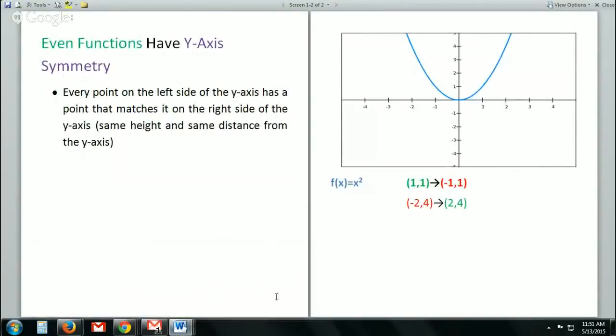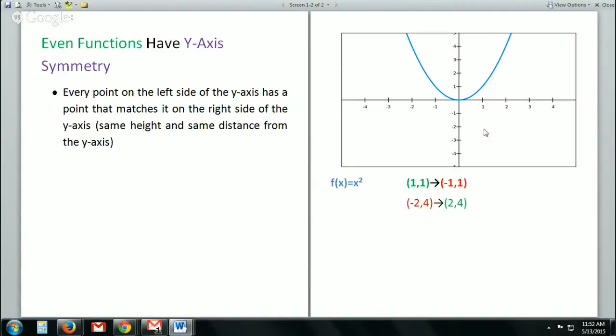Now, if something is an even function, it's going to have y-axis symmetry. What y-axis symmetry means is that every point on the left side of the y-axis has somebody that matches up with them exactly on the right side of the y-axis. They're the same height as each other and the same distance from the y-axis.